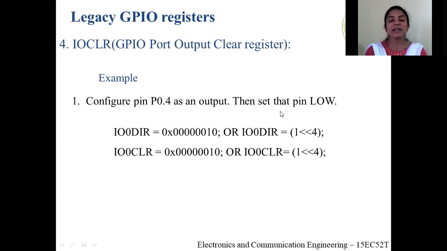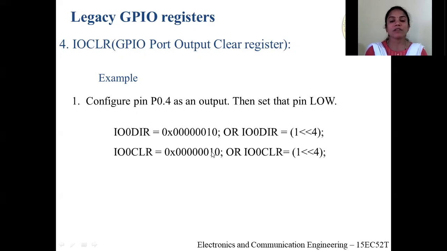Then we have to set logical 0 on port pin 0.4. For that we have to use the IO0CLR register to clear the value on port 0.4, on the fourth position of port 0, or on the fourth bit of the IO0CLR register.